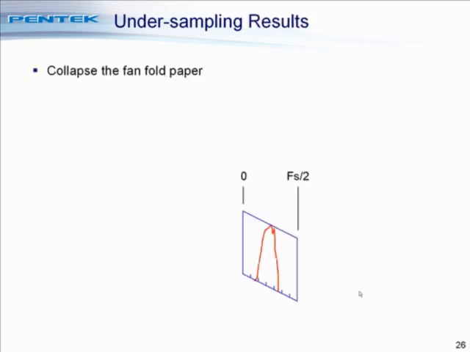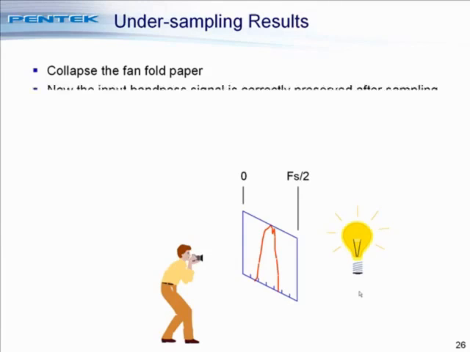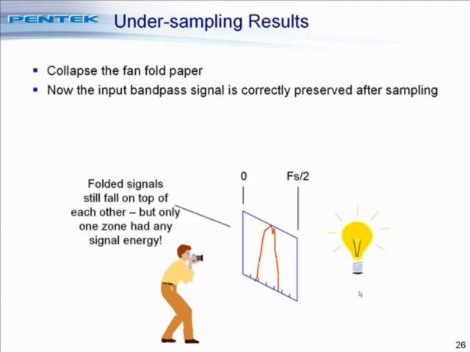Let's see, after we fold the fan-fold paper, collapse it into one stack and look through it, you can see that zone 2 is the only zone that had energy, and so the input bandpass signal is correctly preserved after the sampling.